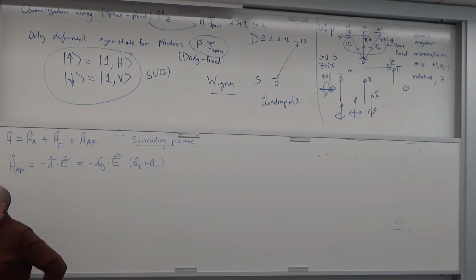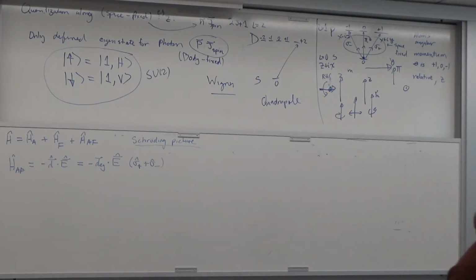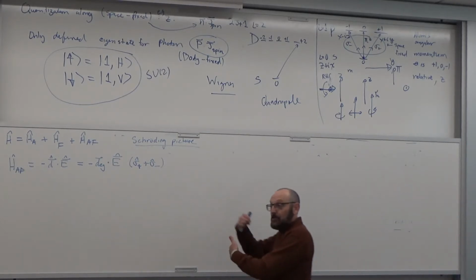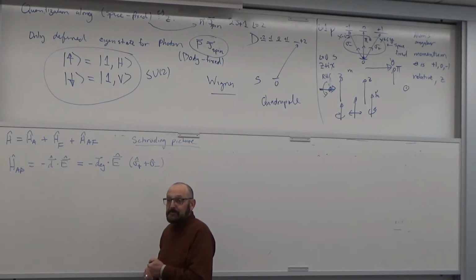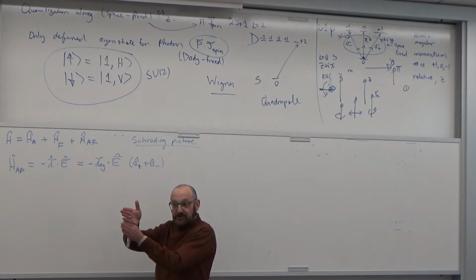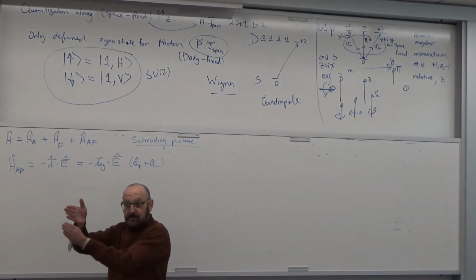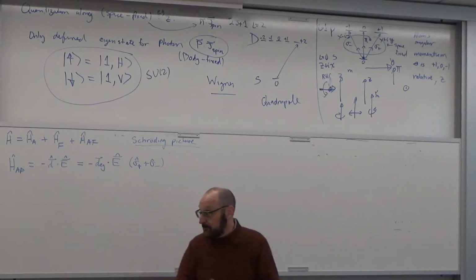Yeah, because they're different degrees of freedom. So operators associated with different degrees of freedom commute. In the Heisenberg picture, you have to be careful because field and matter degrees of freedom get coupled together with time. So they only commute at the same time. If they commute at the initial time, which they do, then at any later time they commute at the same time, at different times. And I'm very careful.